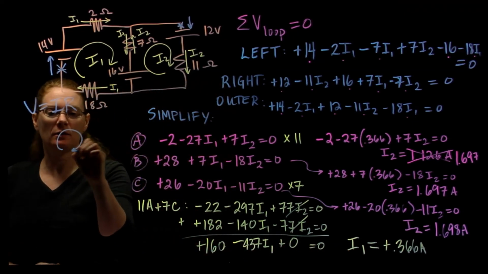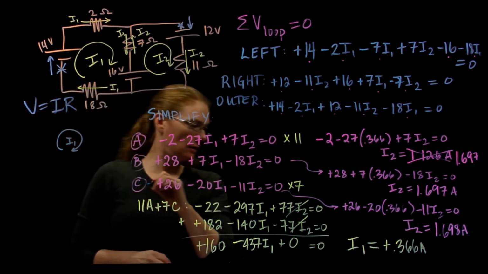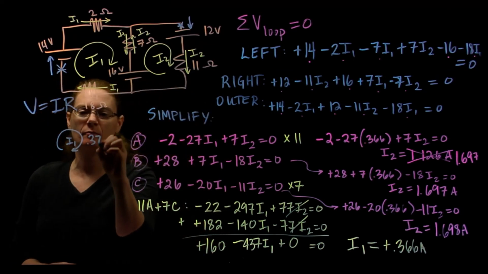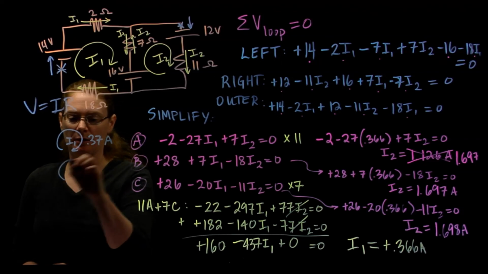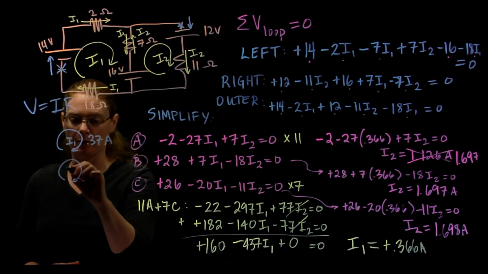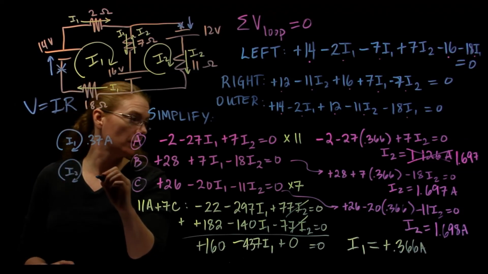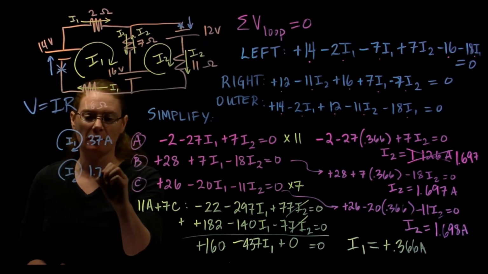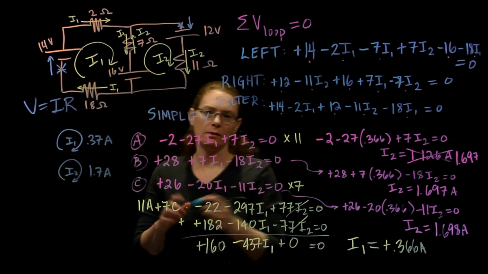I1 is in this direction, and it is 0.37 amps. And I2 is in this direction as well. Boy, both clockwise, okay. I2 is 1.7 amps. So that's the easiest way to just give me the answers.